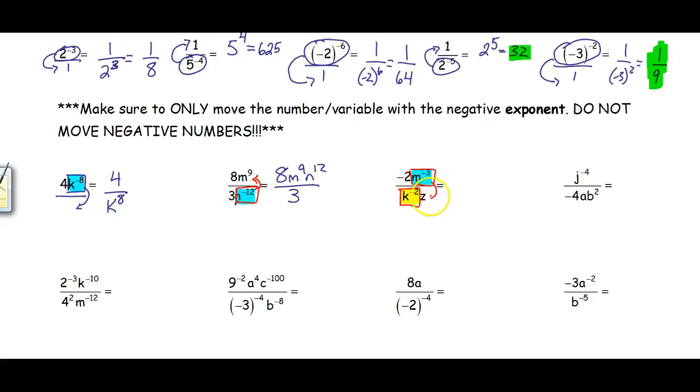So we're going to move m to the negative 3 to the bottom and k to the negative 2nd up top. Our negative 2 is going to stay. We are moving k squared up. On the bottom, our z is going to stay. And we are moving m to the negative 3rd, which is going to become m to the 3rd on the bottom. Notice now, because we moved them, the 2 becomes positive and the 3 becomes positive.